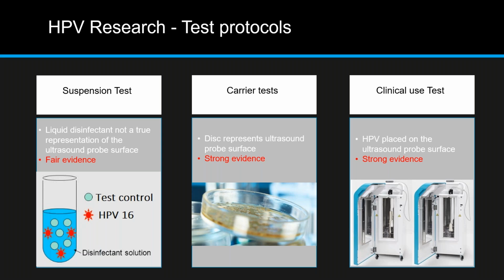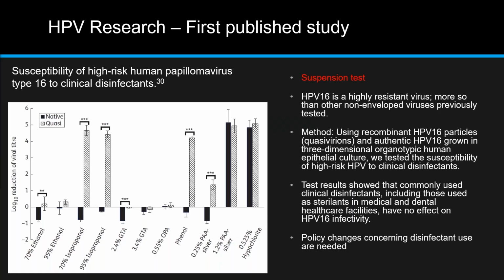And this again will provide very strong evidence that the disinfectant will indeed prevent the potential for hospital infections due to HPV. So this is the first published study from our laboratory where we were studying disinfectants.